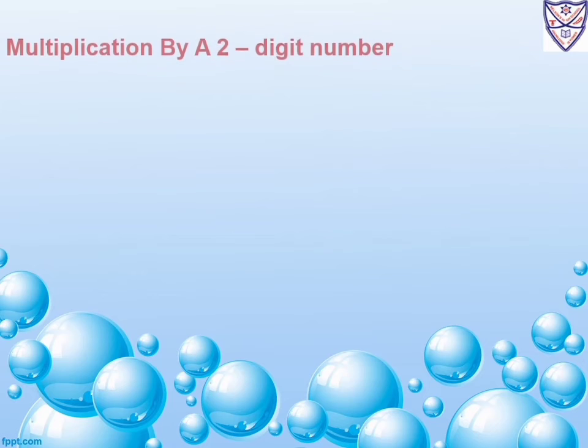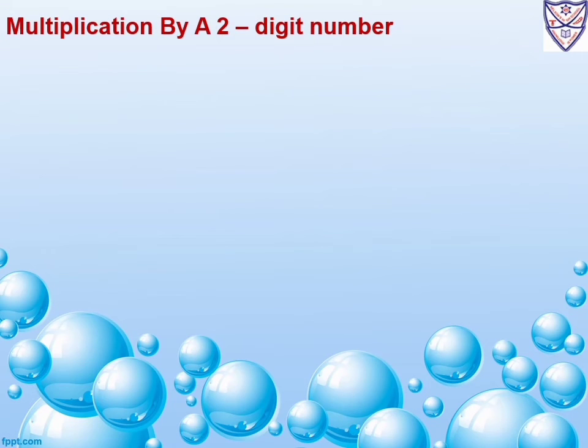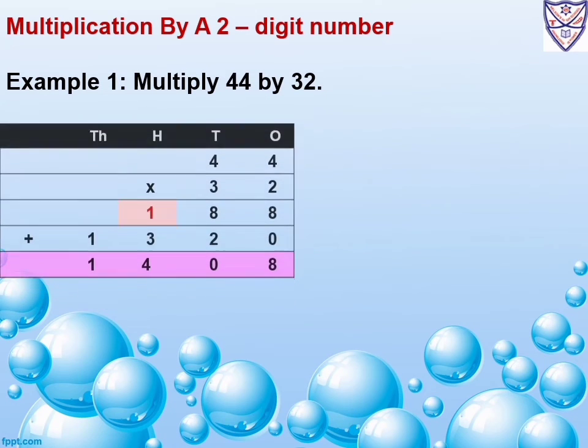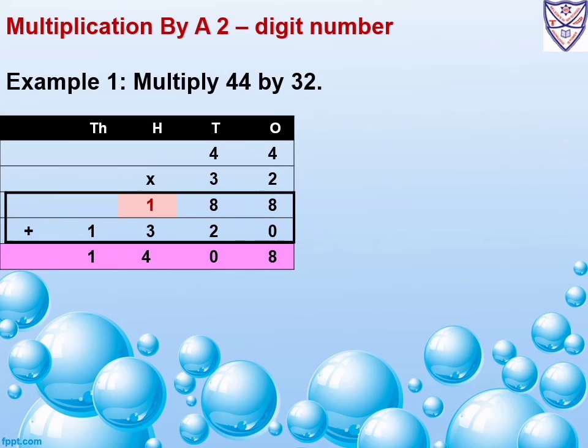Now our next topic is multiplication by a two-digit number. Multiply 44 by 32. So see here, 44 multiplied by 32. First we start from the ones place digit 2. 2 fours are 8, and 2 fours are 8.